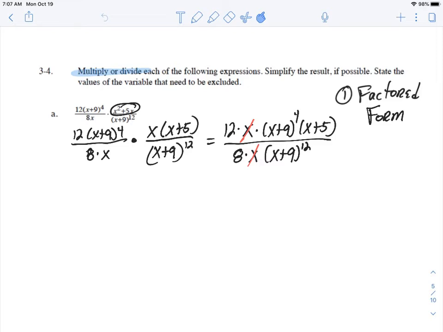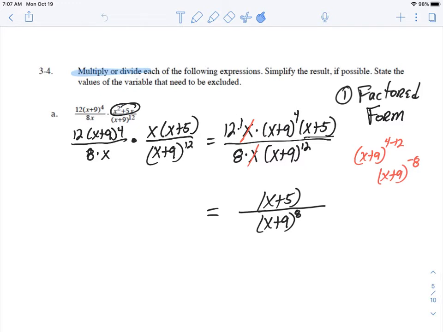The x plus 9 to the 4th power and x plus 9 to the 12th power, well, that would be subtracting your exponents. So I'm just going to do that on the side. That's going to be x plus 9 to the 4 minus 12, which would be x plus 9 to the -8, which really means I have x plus 9 to the 8th power in the denominator. So what I have so far is my x plus 9 to the 8th power, the x plus 5.